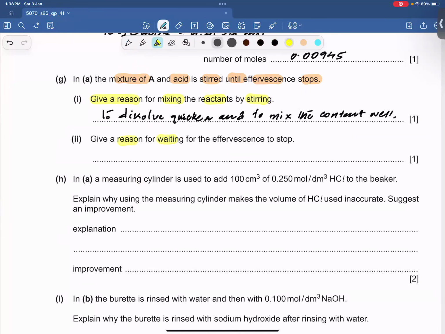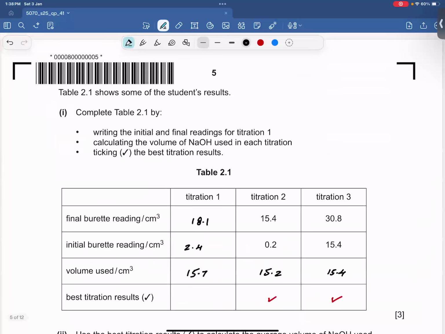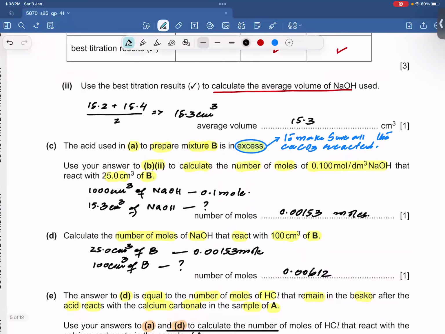Give a reason for waiting for the effervescence to stop. To make sure the reaction has been finished, to make sure all the calcium carbonate reacted.